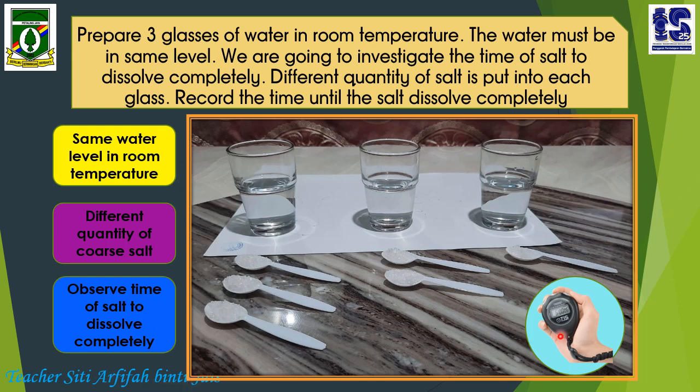So, in this investigation, what you need is three glasses filled with water, and okay, you can follow my step. We need 1 tablespoon for the first glass, 2 tablespoons of salt for the second glass, and 3 tablespoons of salt for the third glass.